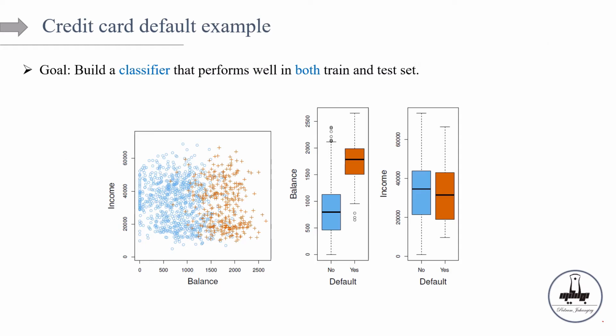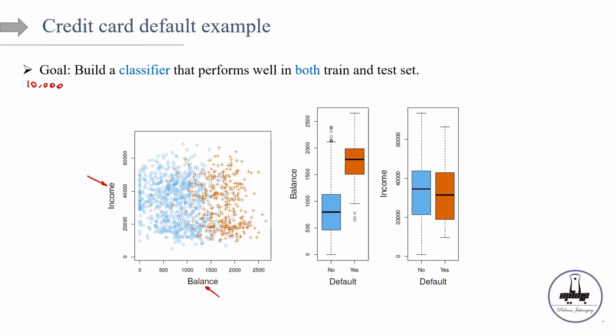All right, now let's look at a real-world example to make sure that you're all on the same page and we understand the goal of classification in general. Here's an example from the Introduction to Statistical Learning textbook, the ISLR textbook, and we are dealing with 10,000 observations. The data consists of monthly income and monthly credit card balance, right?